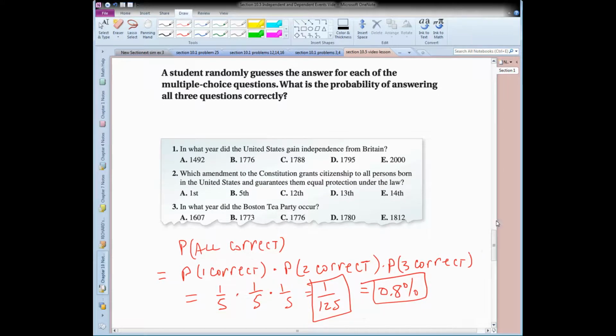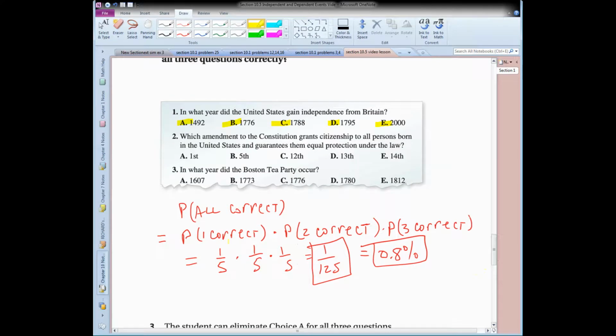A student randomly guesses the answer for each of the multiple choice questions. What's the probability of answering all 3 questions correctly? Well, how many choices do I have? 1, 2, 3, 4, 5. One of these is the right answer. So the probability that you got the first one correct would be 1/5.